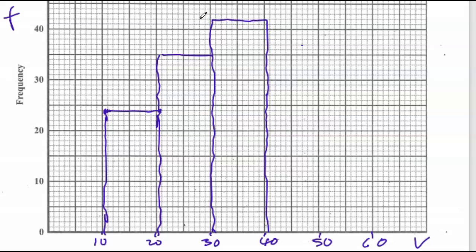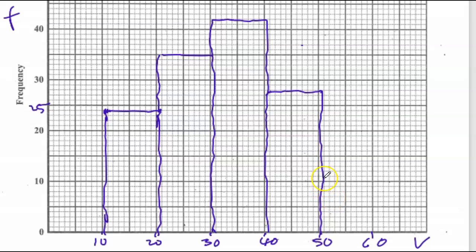Then close a bar. Next one, the height is 28, and the next one is 21. So 50.5 up to 28. 28 will be 1, 2, 3 above the 25, somewhere there, approximately, and then to 50.5.